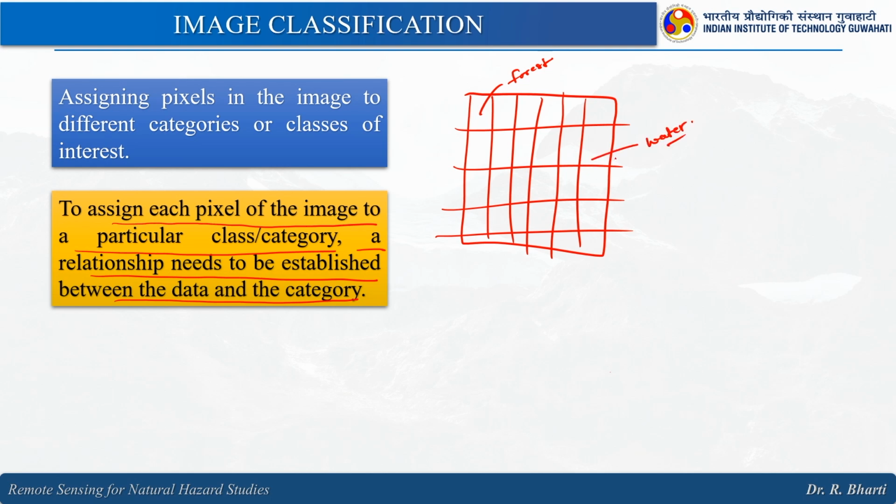And how do we know that? Because each pixel has x, y and z values. So, x, y is your latitude, longitude, and z is basically your DN value or reflectance or radiance, whatever it is.